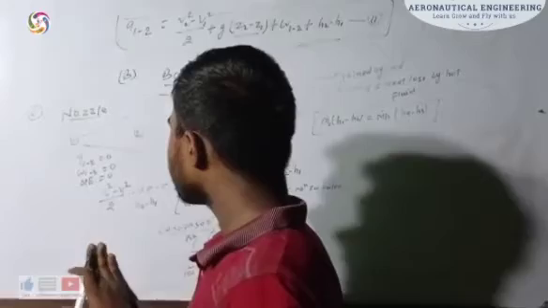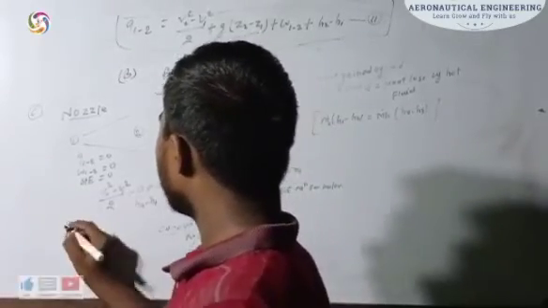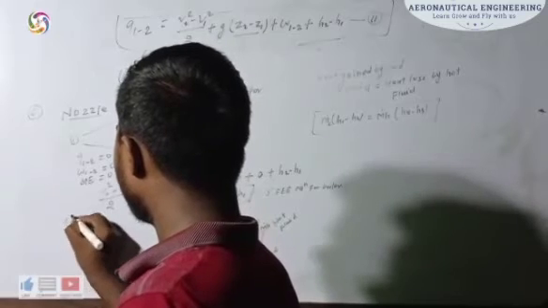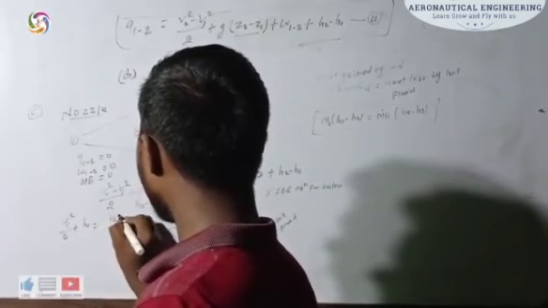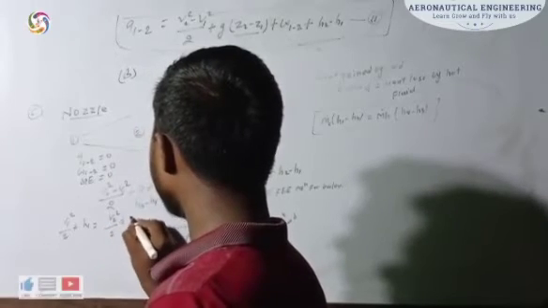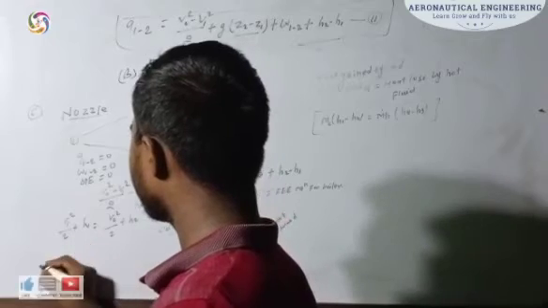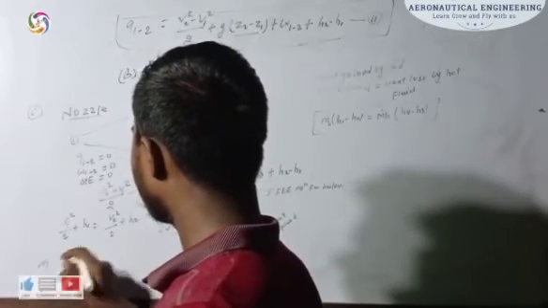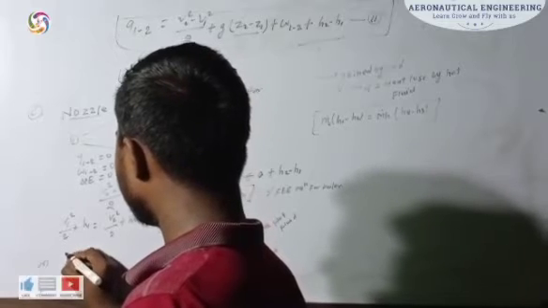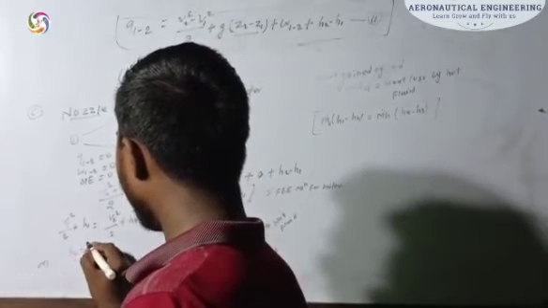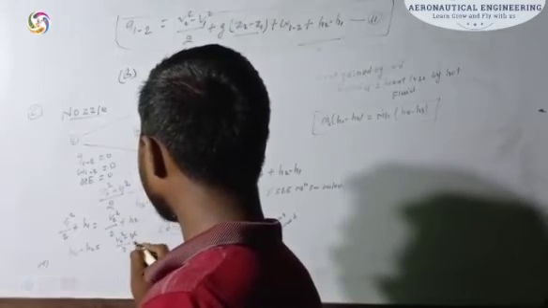Now if we are writing this equation in a simple form, then we get V1 square by 2 plus H1 equal to V2 square by 2 plus H2. Or simply you can write H1 minus H2 equal to (V2 square minus V1 square) upon 2.